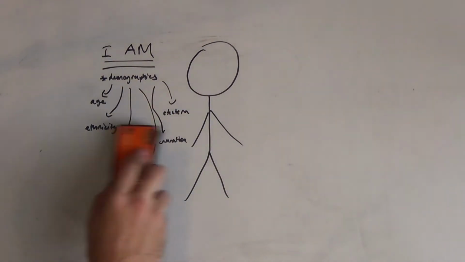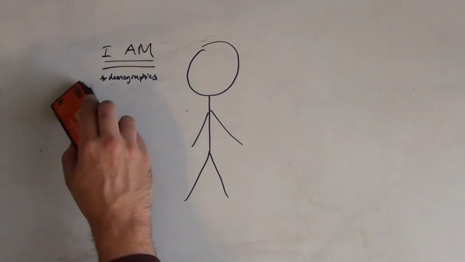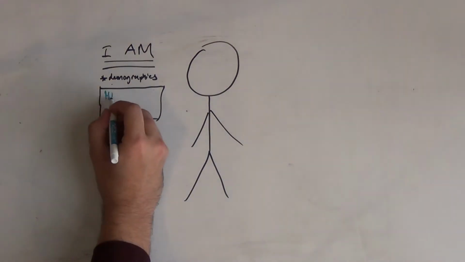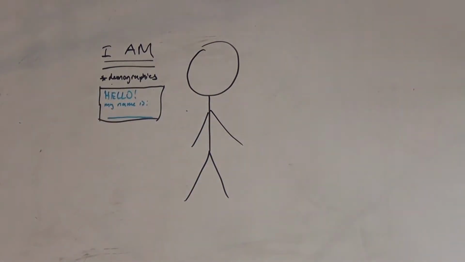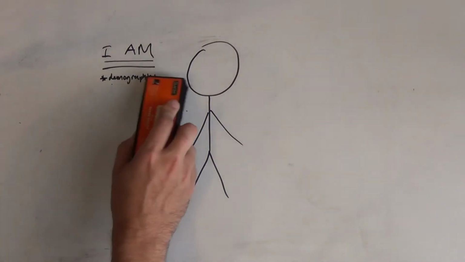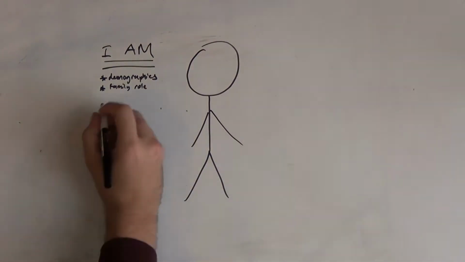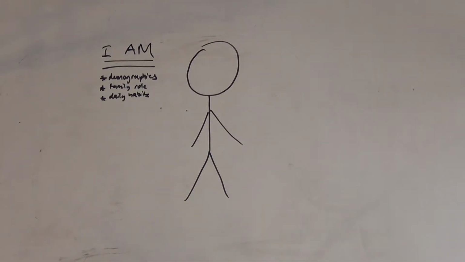I'd like to talk a little bit about what I am really means to me, and that's the "Hello, my name is" badge or sticker that you have to wear when you're introducing yourself or not familiar with the territory. But anyways, I digress. This whole category is all about the family role as well, and daily habits and routines often factor into this, especially when we're talking about health.